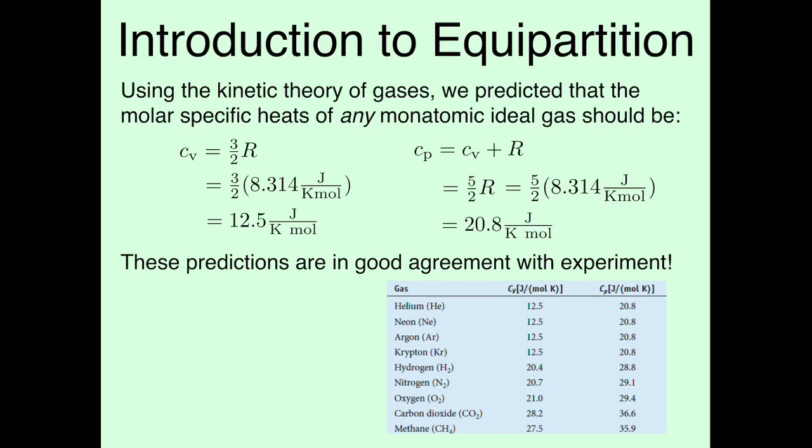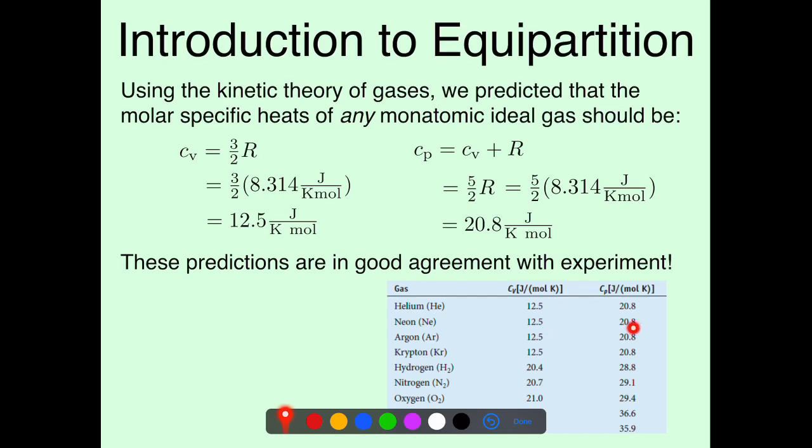You can measure specific heats in a laboratory, and the table at the bottom of the slide shows you some of those measurements. So let's take a look at helium. If you measure the specific heat at constant volume, you'll find it's 12.5 joules per Kelvin mole. And if you do the same thing at constant pressure, you'll get about 20.8.